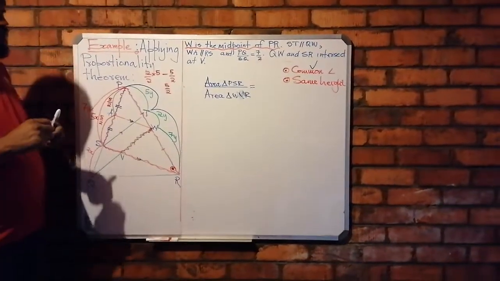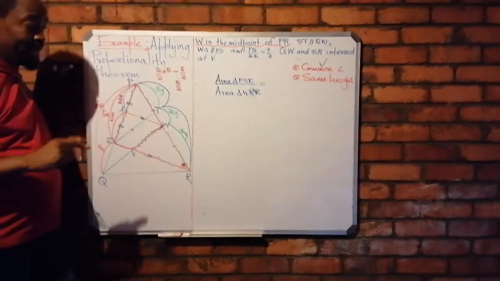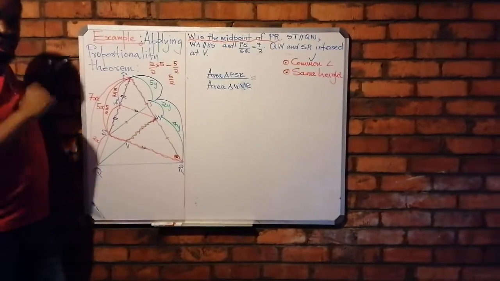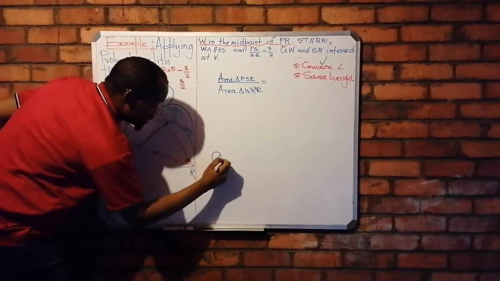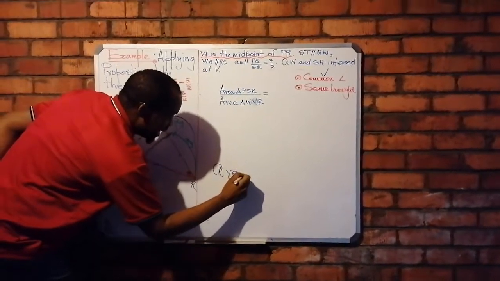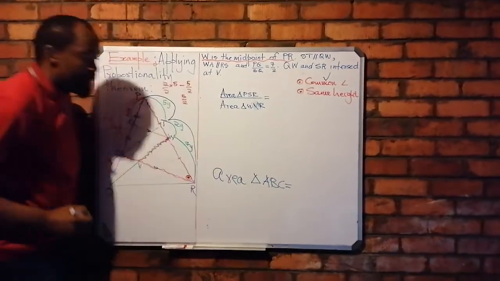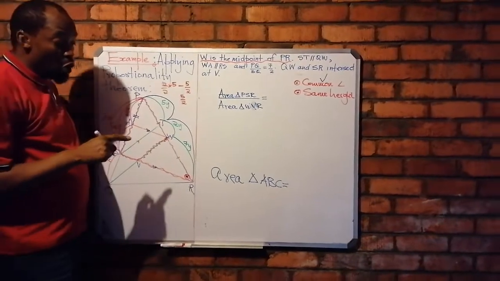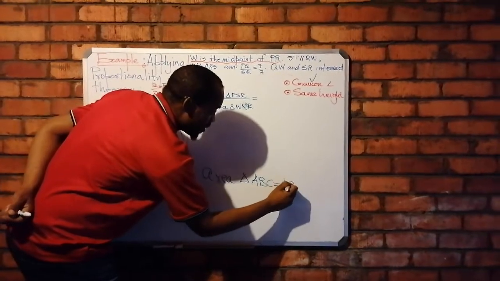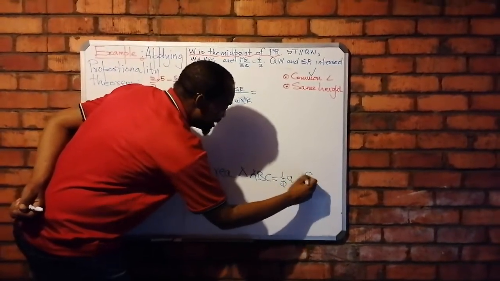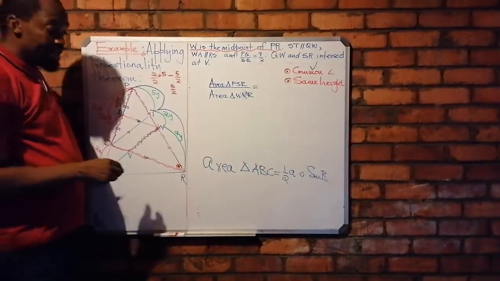Remember that when you did the general solution for triangles in trigonometry, there was the area rule. The area rule said to us, area of any triangle ABC, if you know angle B, would be half A multiplied by C sine of B. Why?